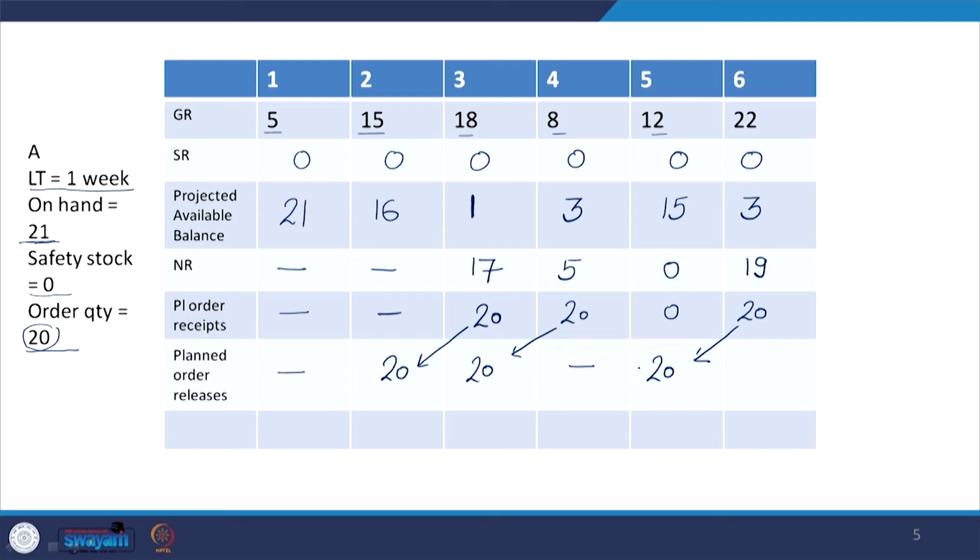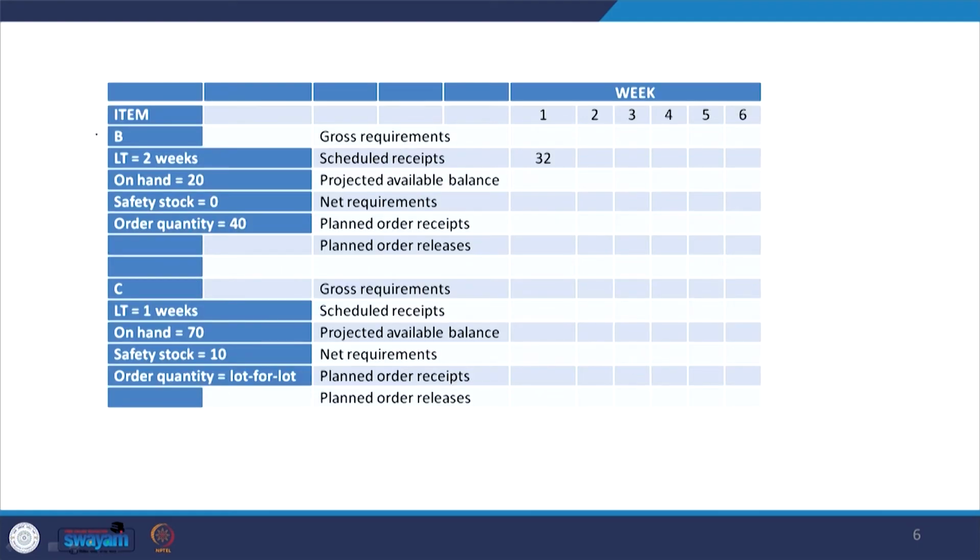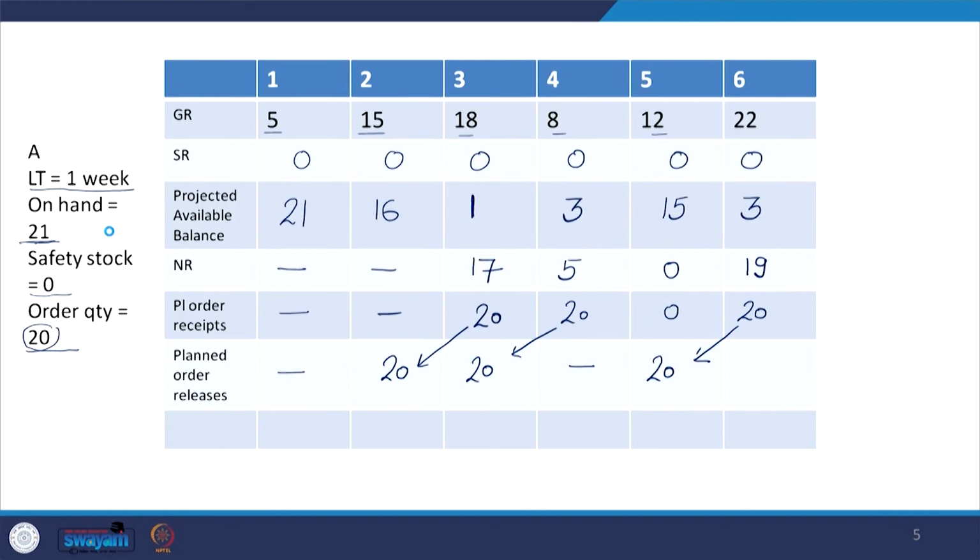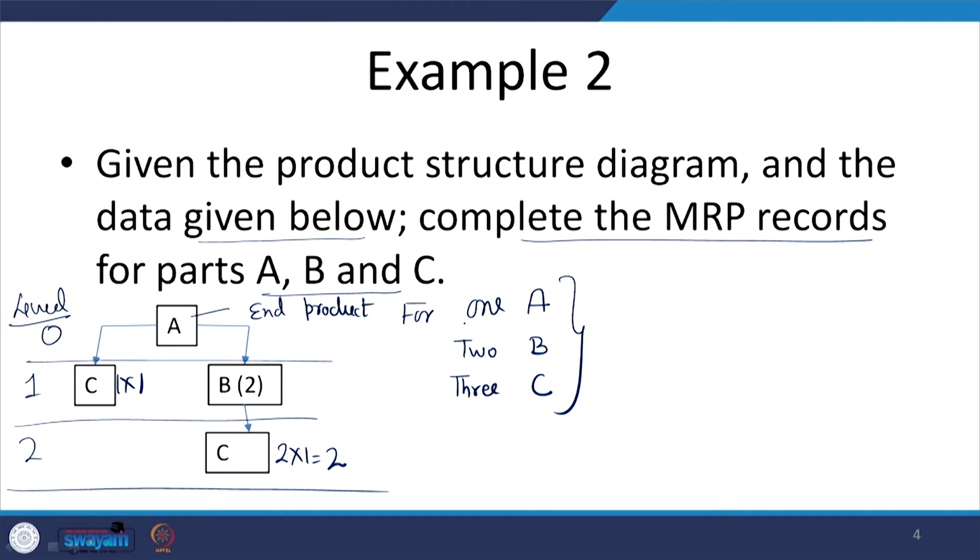Now, going further in this calculation, let us discuss item B. In item B, you will first translate the requirement from your previous discussion, and here you see that for 1 A, 2 B's are required.